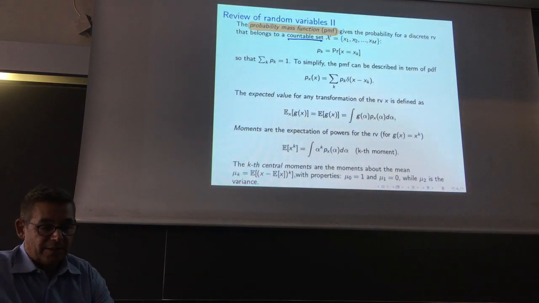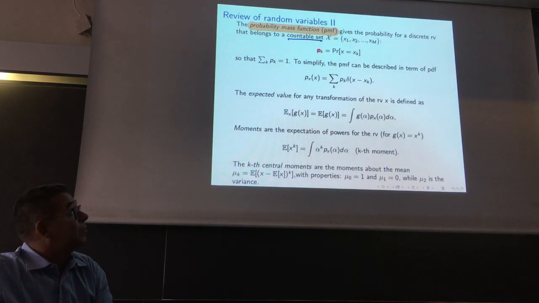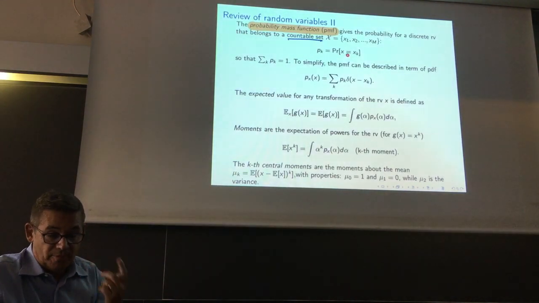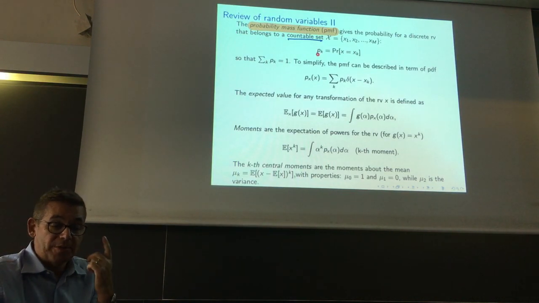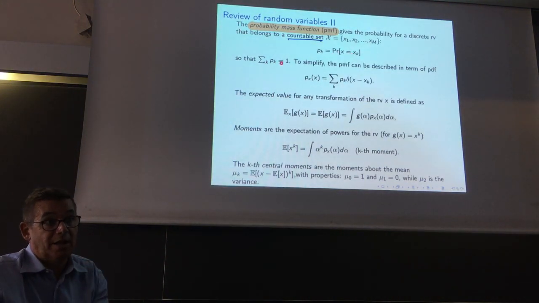In this case, I can define the probability pk, the probability that the variable is equal to xk. Since pk represents the probability associated to the value xk, the sum of those probabilities should be 1.